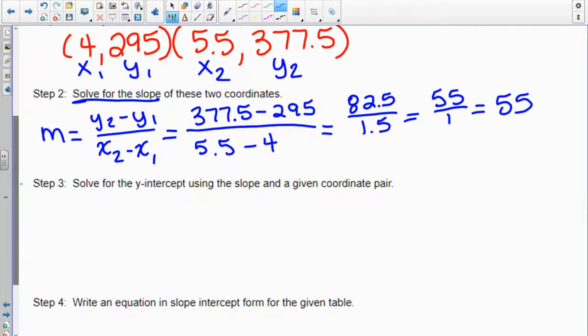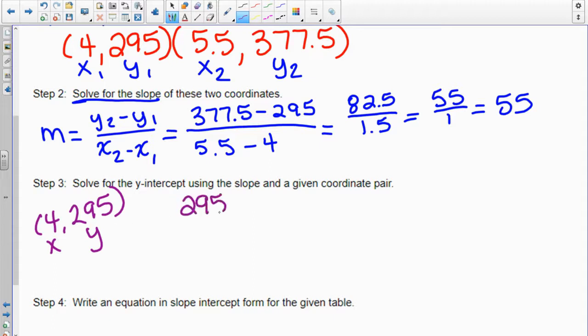The y-intercept, go ahead and pick whatever point you want. We'll just pick the first one. Again, you could work the table backwards if you want. I just like to solve algebraically here. So y, which is 295, equals my new slope that I found out was 55, times the x value, which is 4.